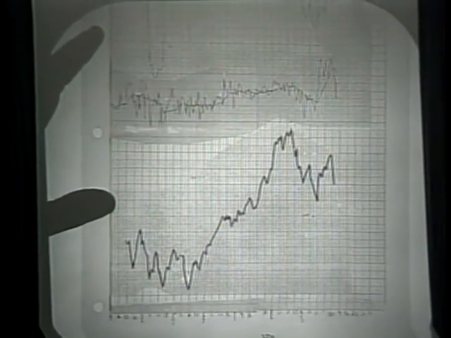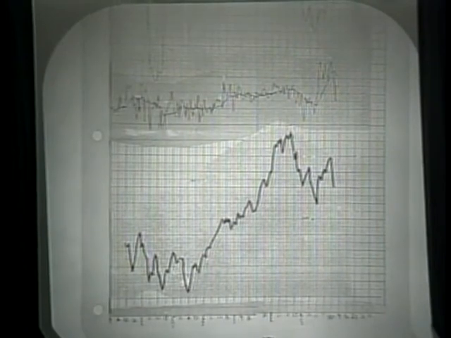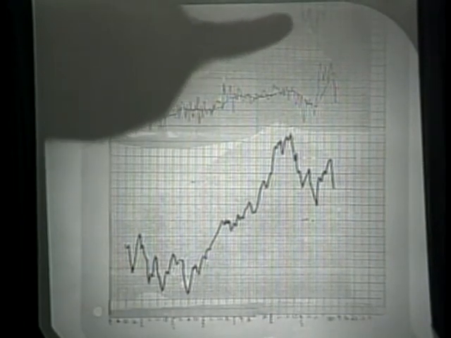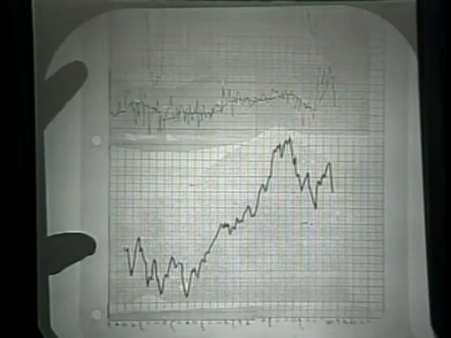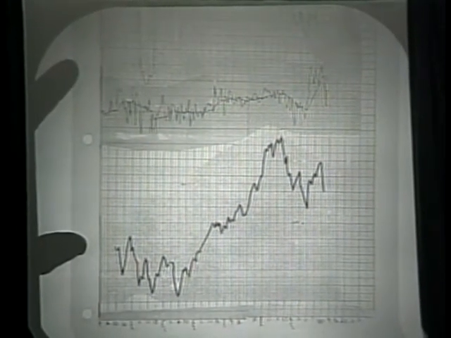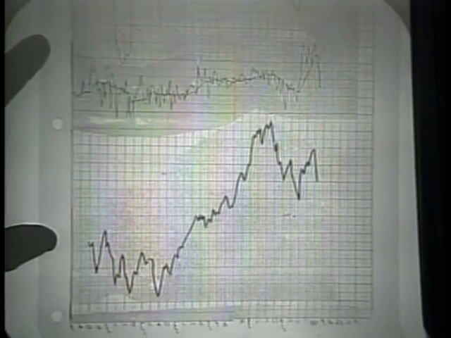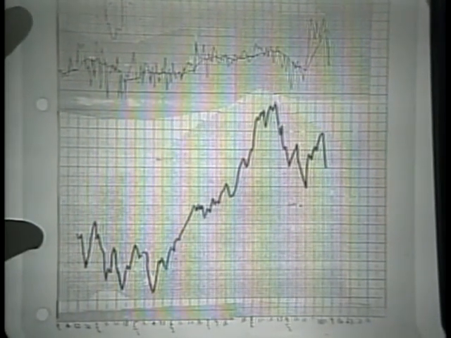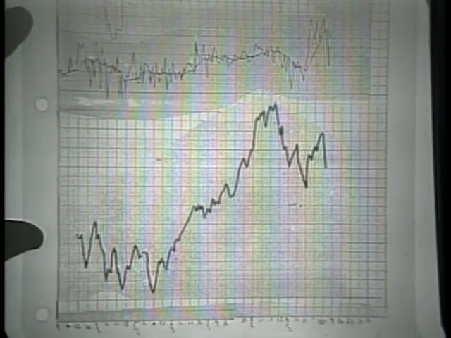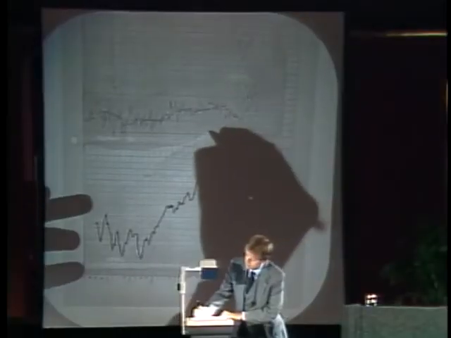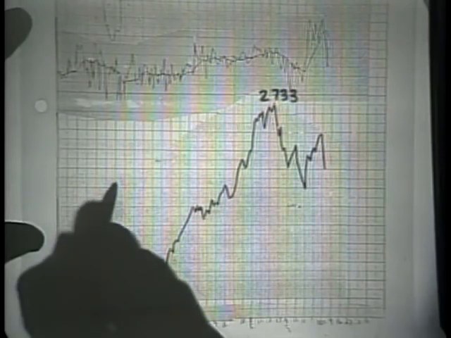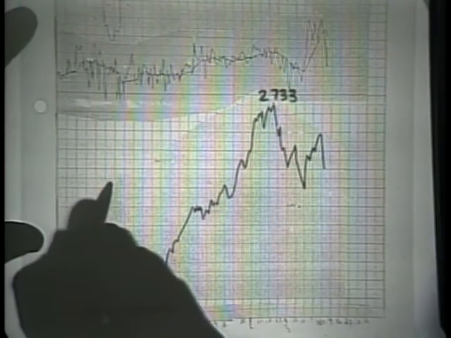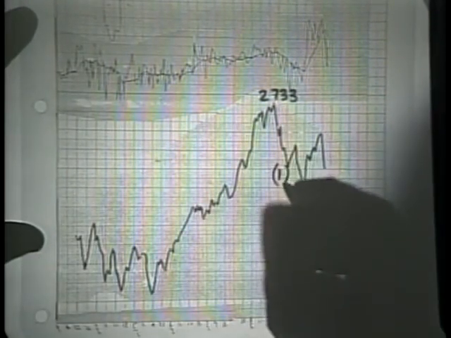Let's just focus, for example, we looked at put-call ratios. This top chart is also a chart of put-call ratios, but let's take a look at these two figures here. This lower chart is the Dow Jones Industrial Average on a daily basis. Some of you may recognize it. This was 2733. This is wave 1.